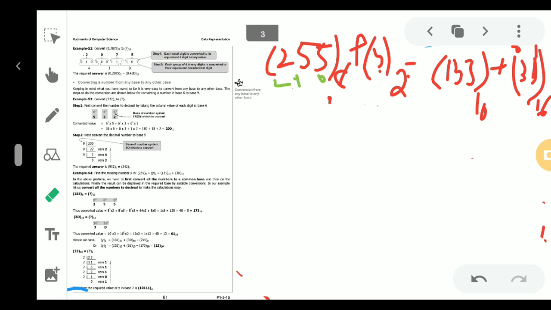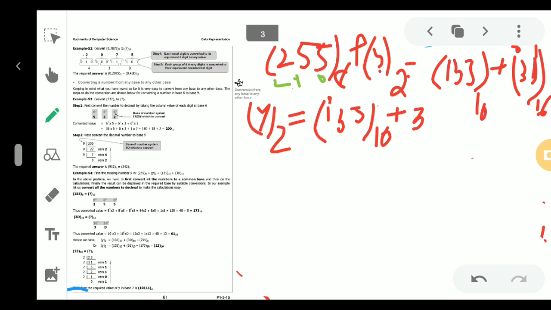The equation is written. So if we need to get the y2 value, so y of 2 is equal to what? 135 base 10 plus 3D base 16 minus 255 base 8. Okay.